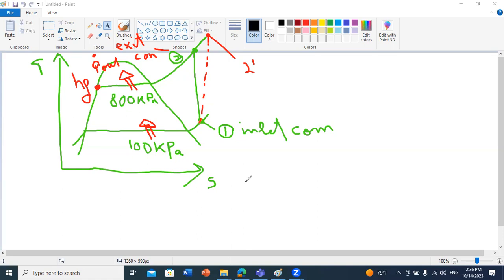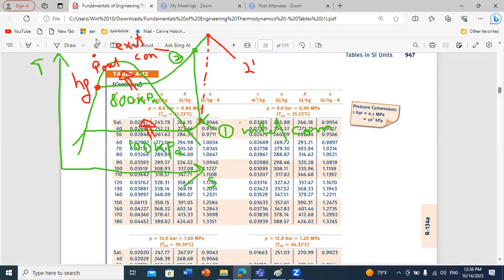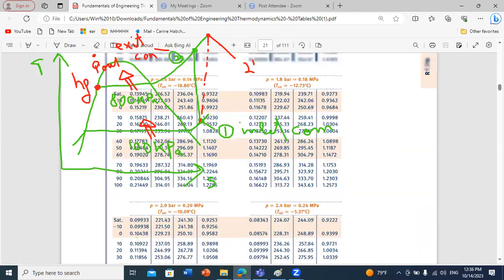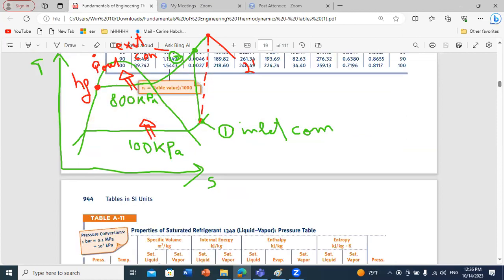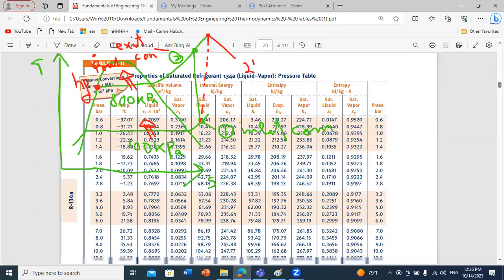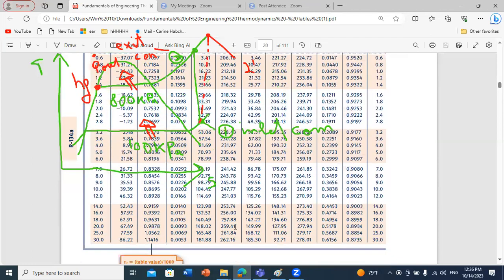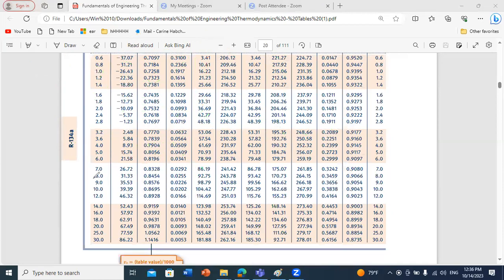Okay, so now if we go to our tables, we should go to the saturated tables of 134A refrigerant. So this is the table of saturated refrigerant, and we check for 8 bars. So it's here, this is the line of 8 bars.